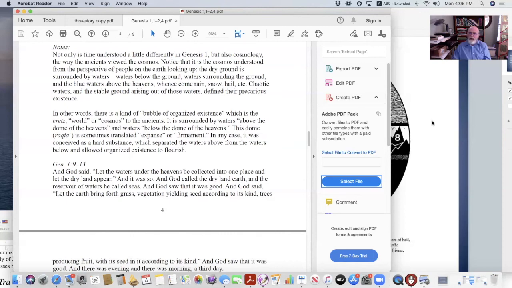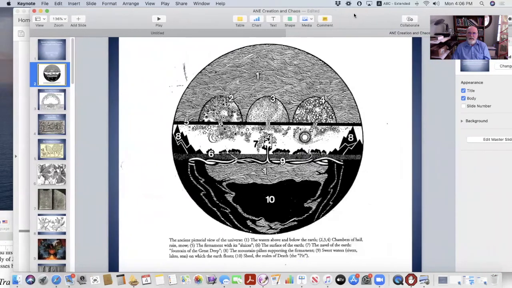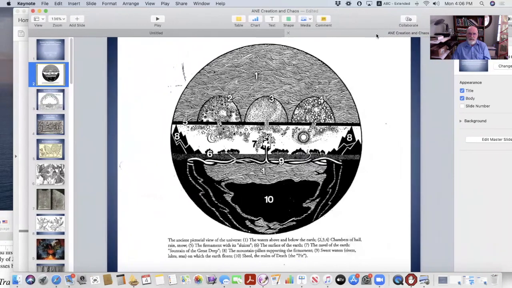Now, let me go back to this map. This is one in the book Understanding the Old Testament by Bernard Anderson, and it's his picture. We see here, and if you can follow my little arrow here, here we have the dry land. You have subterranean waters. You have these waters above the heavens.